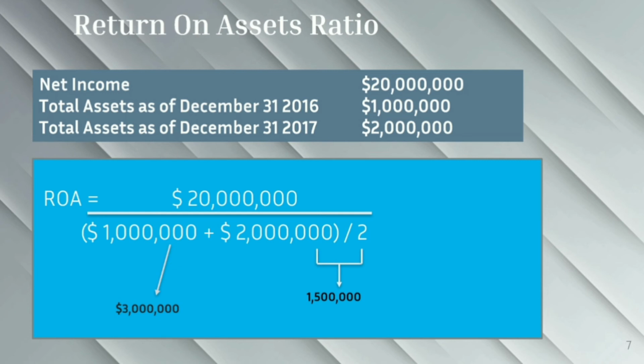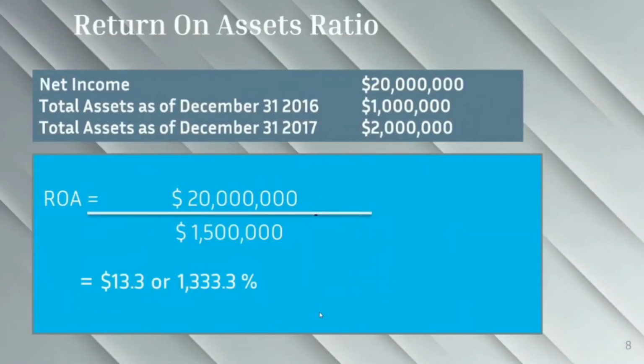So let's input the given: $20 million net income over $1 million plus $2 million divided by 2. First, we need to work out the parentheses. $1 million plus $2 million is $3 million, and then $3 million divided by 2 is equal to 1,500,000.